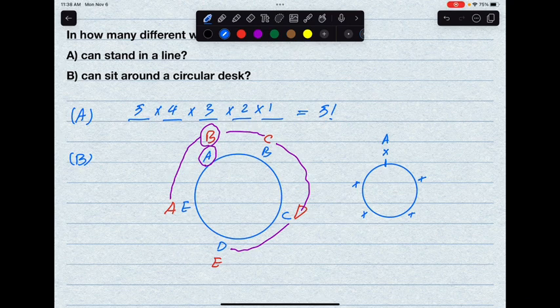It's like now it's like a line. So the answer is 4 factorial. So for sitting n people around the circular desk, the total number of ways is just n minus 1 factorial, which is 5 here minus 1 factorial. That's how we can solve this one.